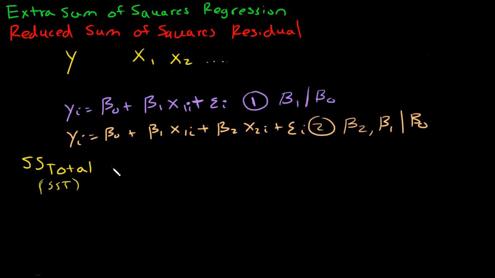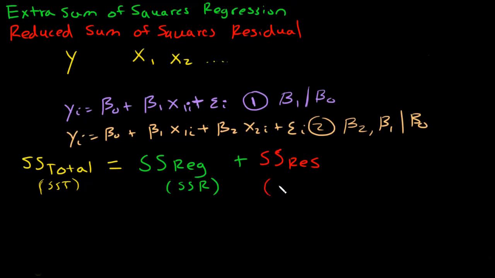Okay, so sums of squares total equals the sum of squares regression, same thing as SSR, plus the sum of squares residual, right?